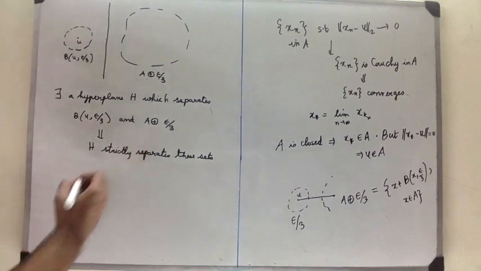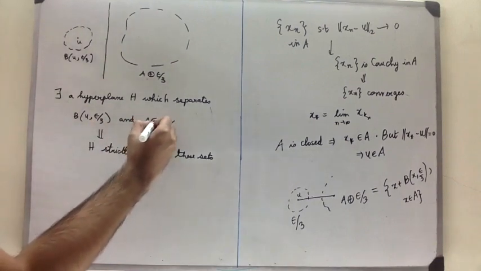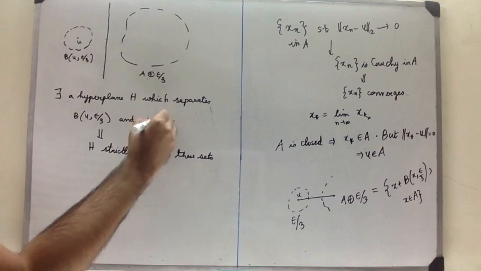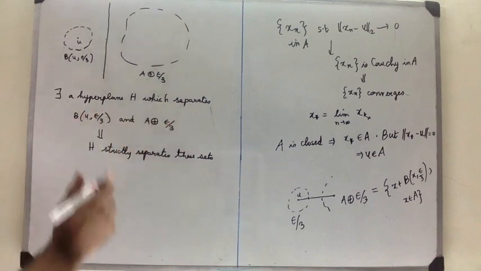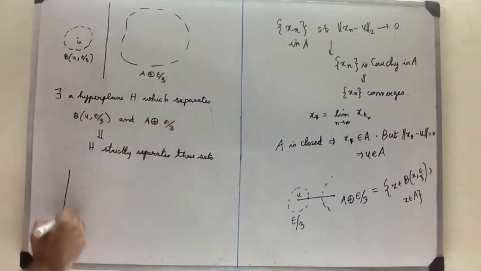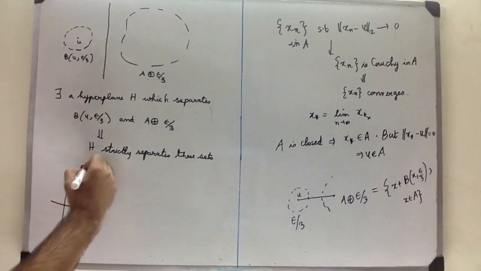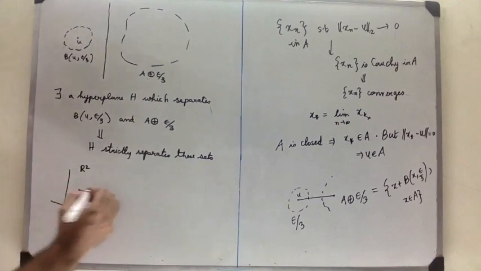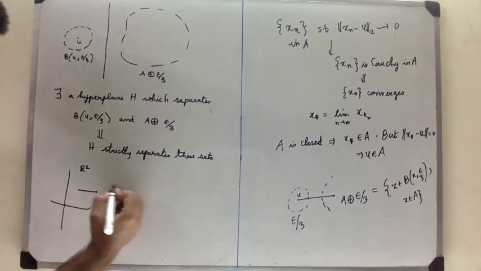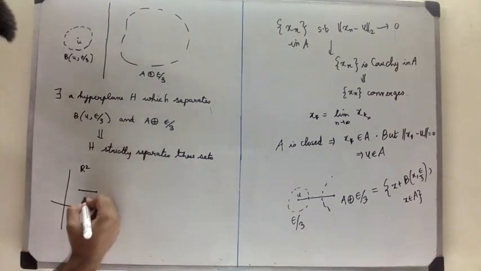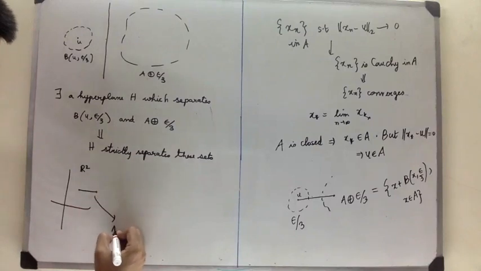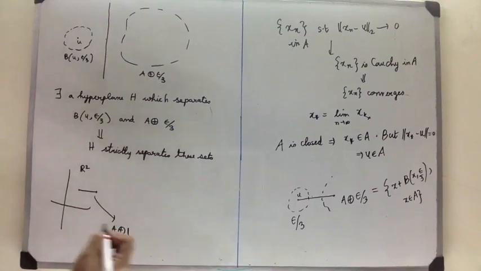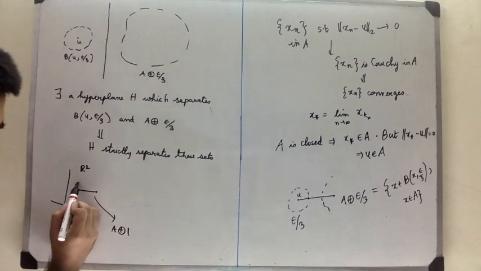I provide one more example of what adding this epsilon/3 ball to the set A means. If you are in R2 and your set was this line, and suppose you added a ball of radius 1, you are adding these balls to all points.